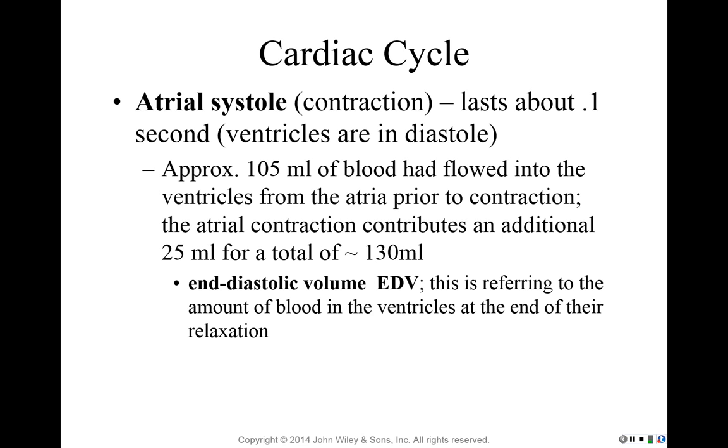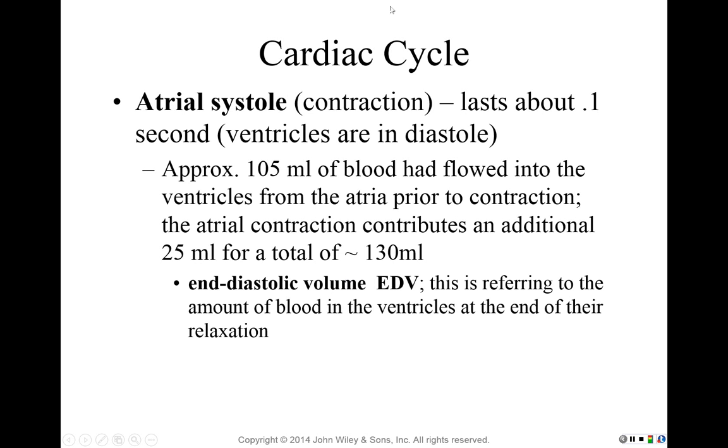At that point, the atria will finish their contraction and enter into relaxation. About 105 milliliters of blood will flow into the ventricles prior to the contraction. Then during the contraction, another 25 or so will be squeezed in, for approximately 130. Again, it's not that I need you to know these numbers, but the volume that enters into the ventricles after the atria contract, we refer to as end diastolic volume.